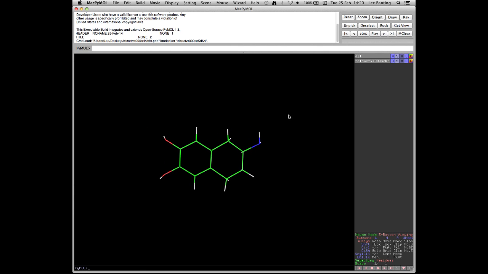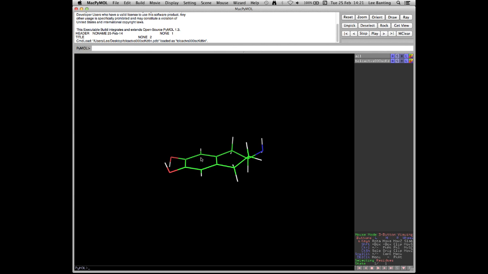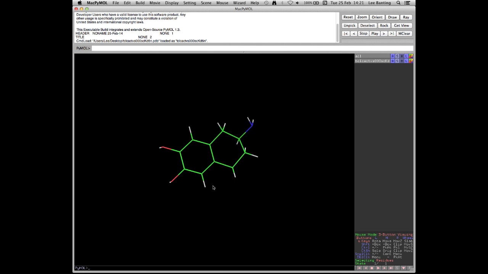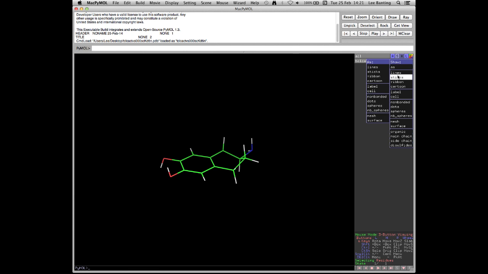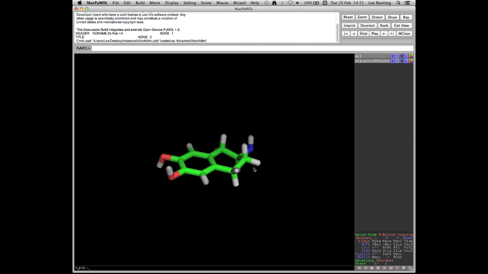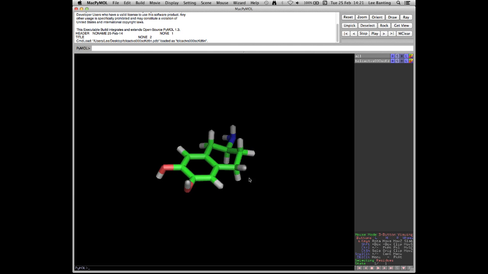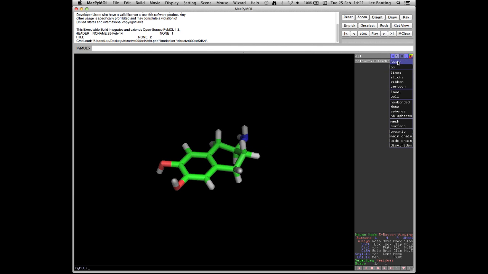And you can see that it's understood the aromatic ring and the hydroxyl groups. It knows that this six-membered ring is not aromatic, it's aliphatic. It's actually built the structure in a reasonably chemically sensible ring conformation as well. And within any viewing package, you can change the way in which the compound looks.